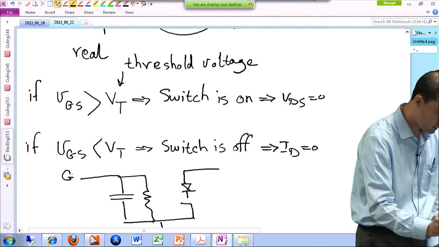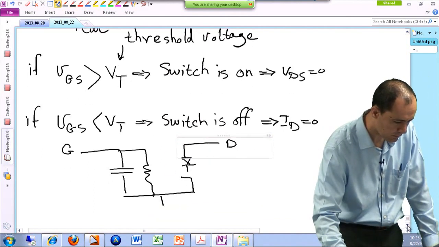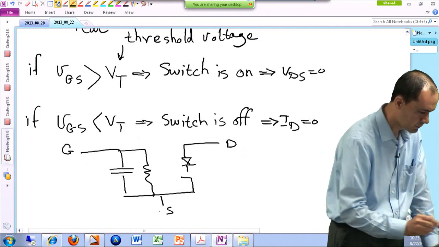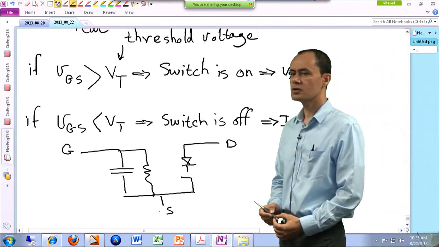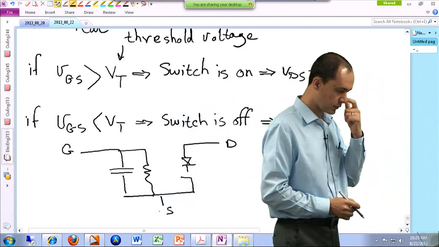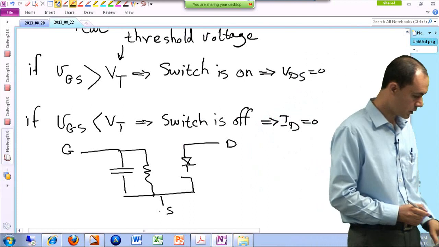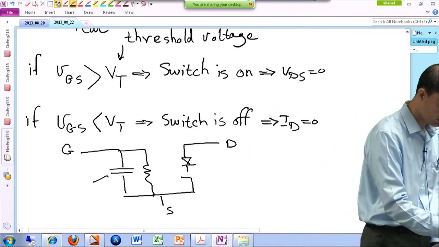So this is your gate, the drain, and the source. Okay. So from gate to source, we almost have an open circuit kind of behavior. That capacitor and that resistor, the resistor is very, very large, and this capacitor is a very small capacitor.